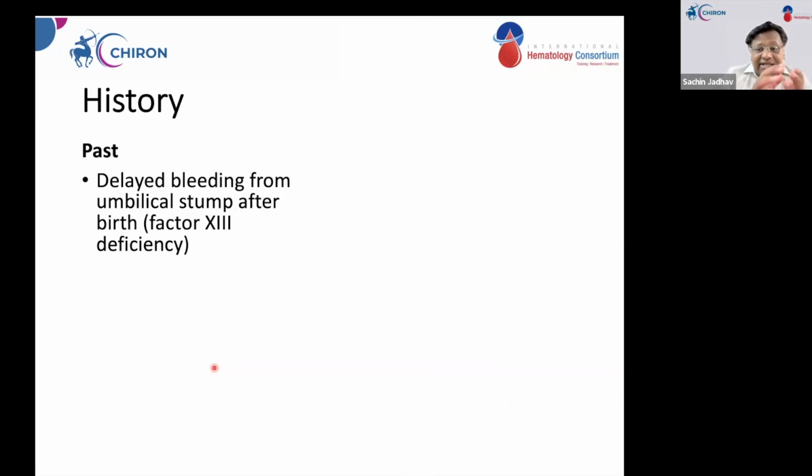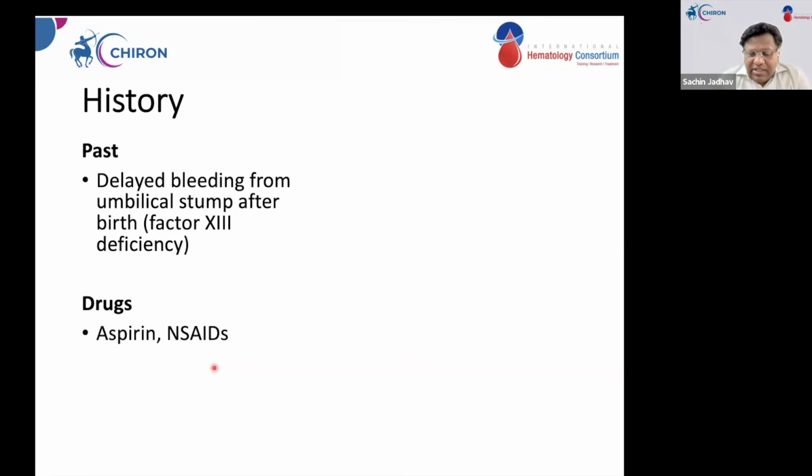So initially, the birth happened, umbilical cord cut off, and the umbilical stump was fine, but a day or two later, the bleeding starts. That's because the clot which was there at the umbilical stump is not stable. It starts breaking, and there is delayed bleeding. This is classic of factor 13 deficiency. This is one history which has to be taken, especially if you're thinking of a congenital issue.